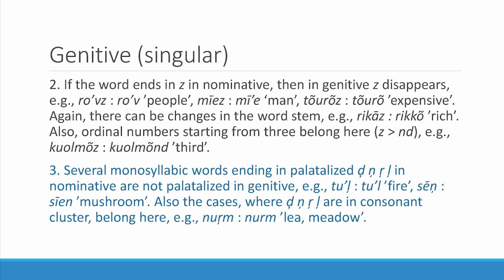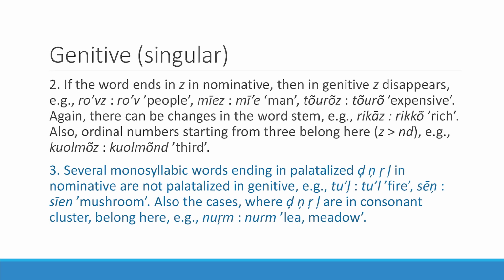So, for example, the word fire, it's tull, but in genitive, it's tull. The word saying, but in genitive, sien. So sometimes also the vowel, the monophthong, can become a diphthong.